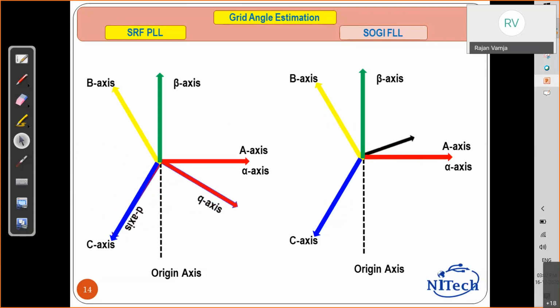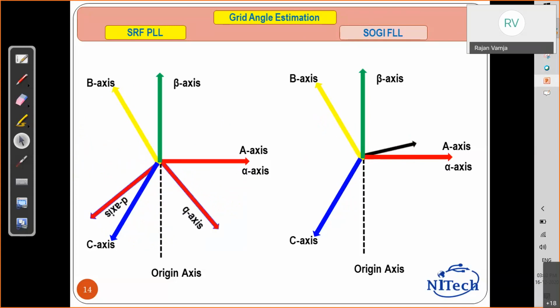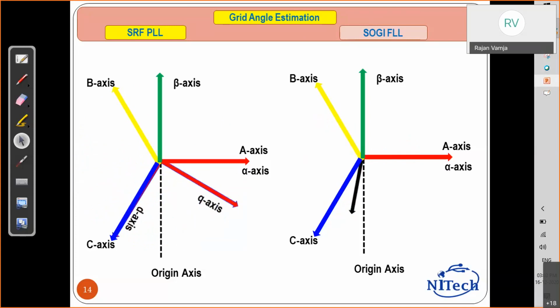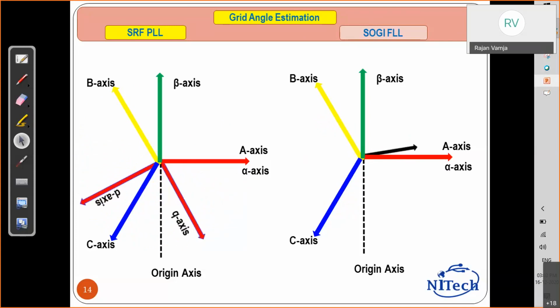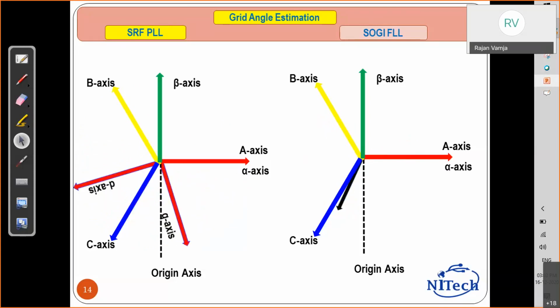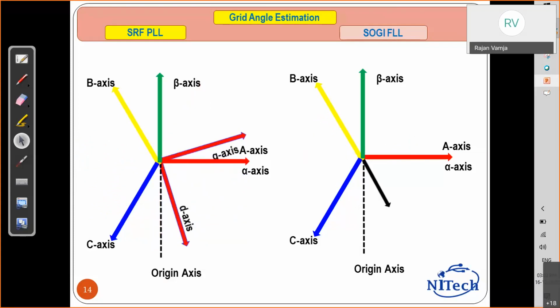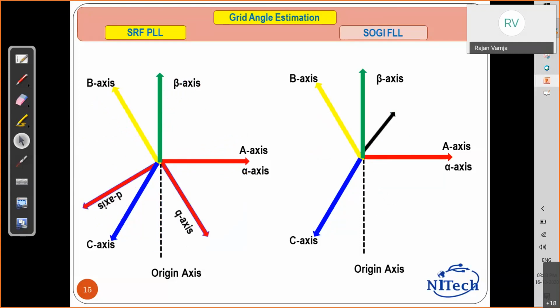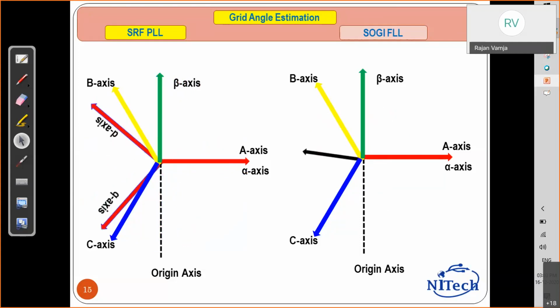So now we are going to control this dq axis such that only in system. So this is the second. This is the third. Vector is moving faster than our d.